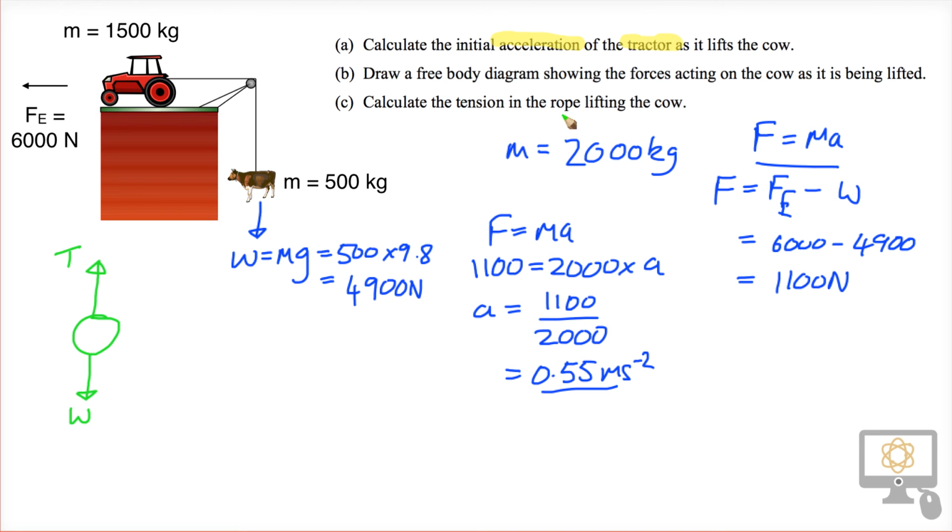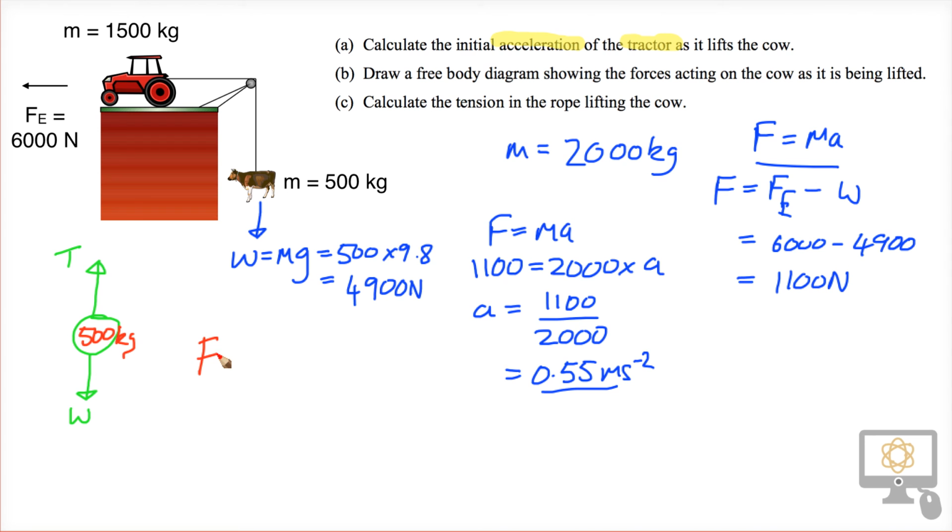And then part C, calculate the tension in the rope lifting the cow. So we know the weight, we don't know the tension. That's what we're trying to find out. So again, I'll go to a different color, maybe this time red. So let's think about the cow. The cow has a mass of 500 kilograms, and we also know that its acceleration is the same as the tractor at 0.55.